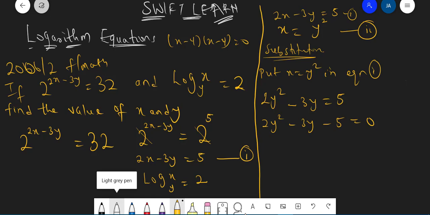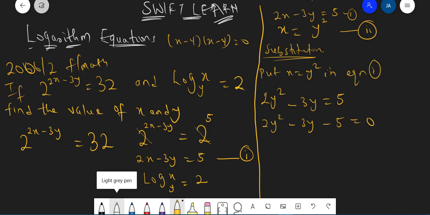So this will be log of x of y. The x here, to remove this log, I need to use this y to carry 2. So x equals y squared, equation 2. You get it now? So I said you can't use the elimination method here because this is y and this is y squared. They can't work together.